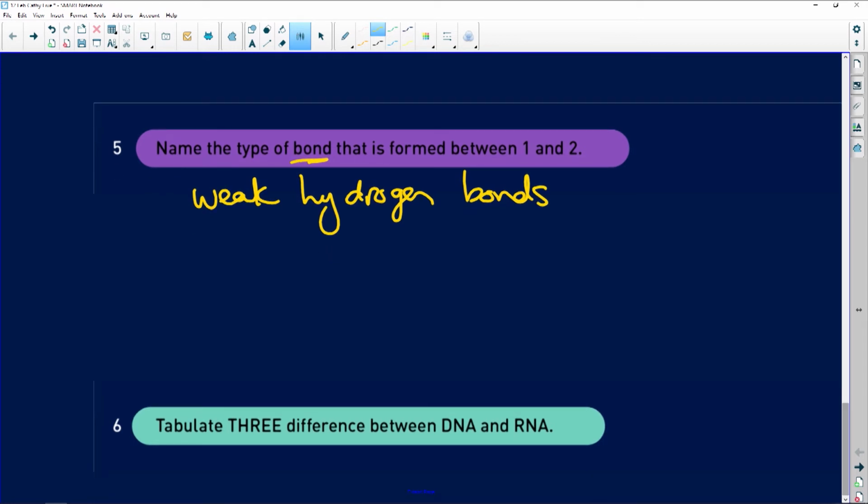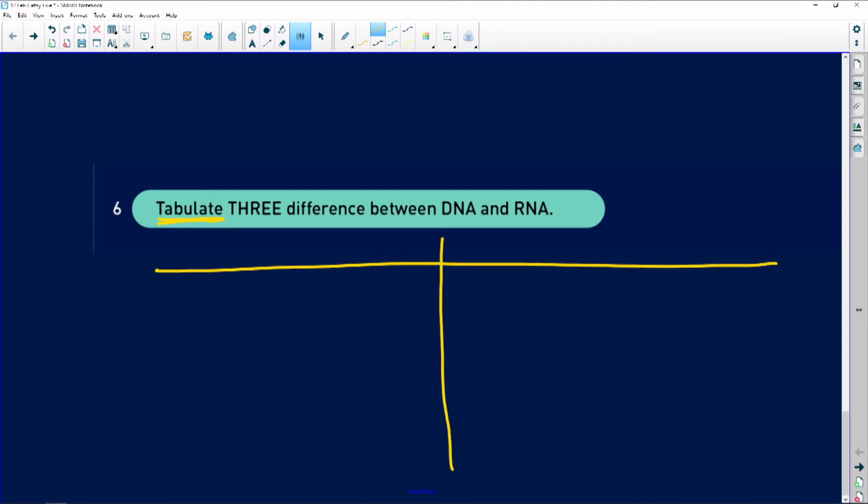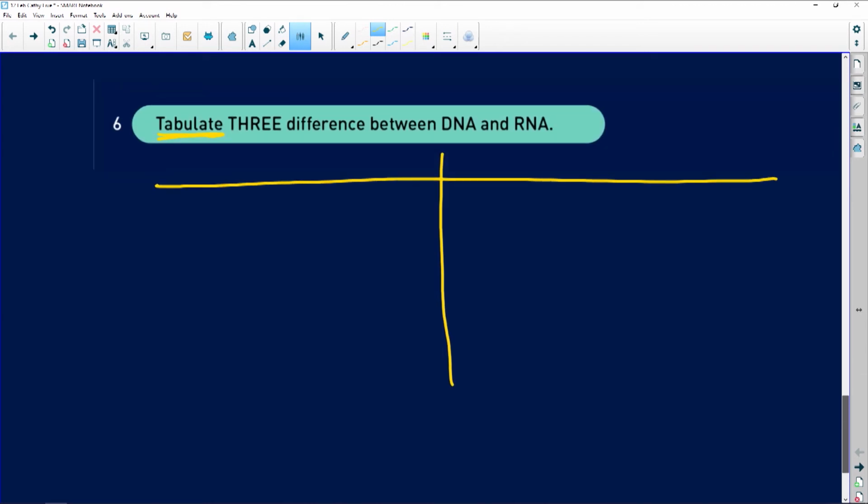And then tabulate 3 differences between DNA and RNA. Now remember, whenever they say tabulate, you must make sure that you draw a physical table. You have to physically draw that table. You write DNA here and you write RNA here. People, you must know the comparison between the 2, all right? And also, whenever you do a table, compare apples with apples.